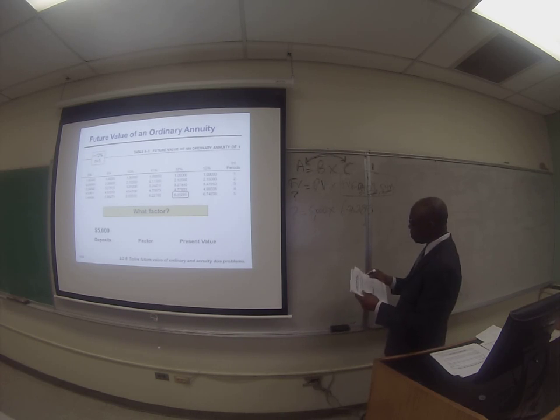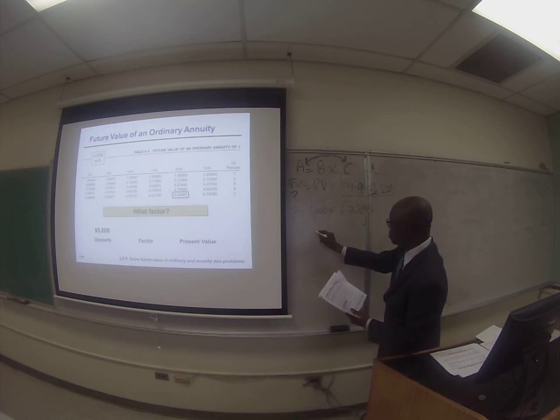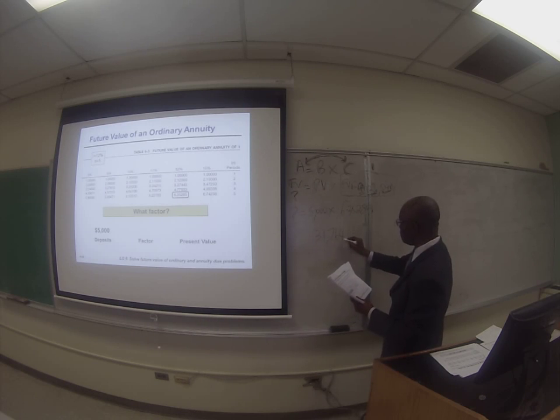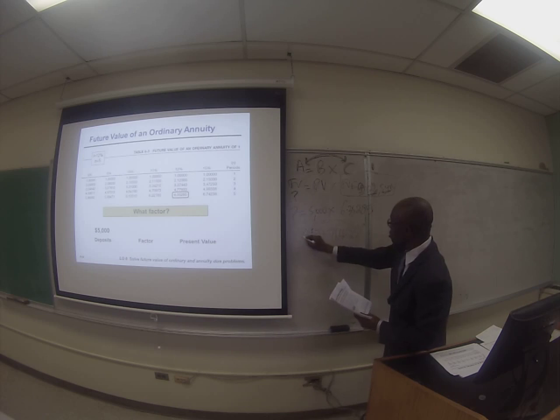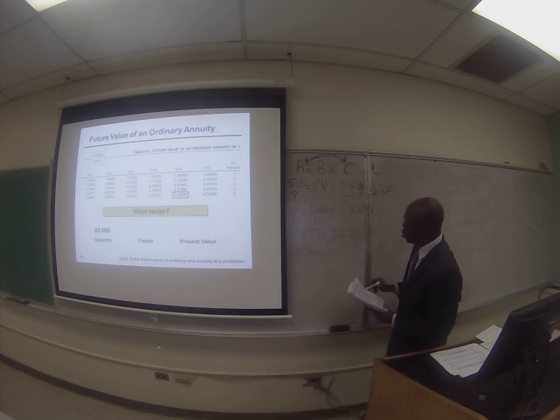So we multiply 5,000 by 6.35285. That will give us 31,764.25. So here you have it.